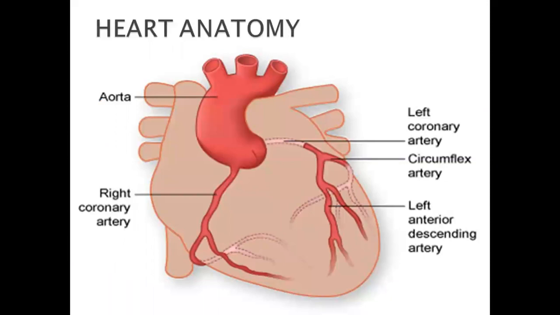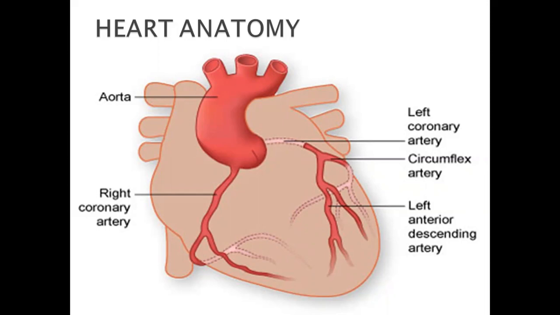So let's look a bit at the heart anatomy. Specifically, I want to look at the coronary arteries because that's what we're concerned about tonight. The coronary arteries branch from the ascending aorta. On our right side, primarily you've got the right coronary artery, and on the left side, you've got the left main coronary artery, which branches into the left circumflex artery and the left anterior descending artery.